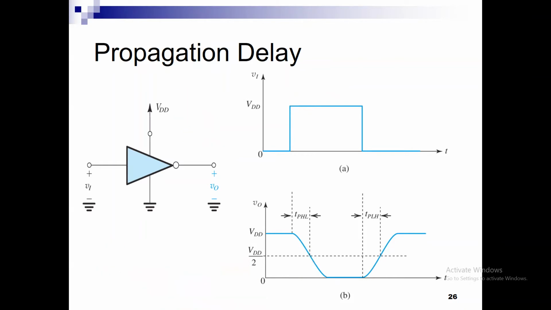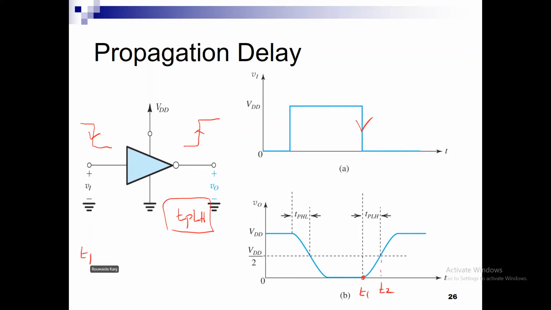In a similar fashion, if the input is switching from high to low, we expect the output to rise. So we're going to measure the TP low to high at the output, and this time it is going to be different points. This is my T2, this is my T1.